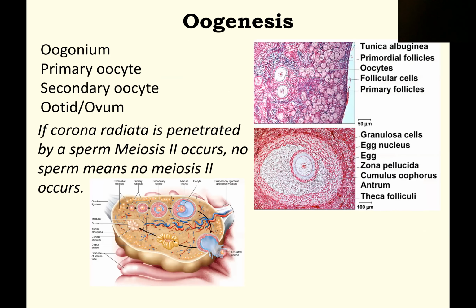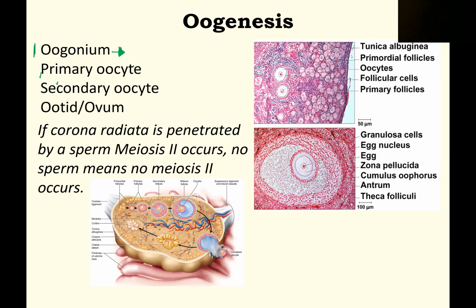Okay, so oogenesis. Again, you have a table. During the process, the first cell produced is the oogonium. You'll have another column in that table than you had previously.